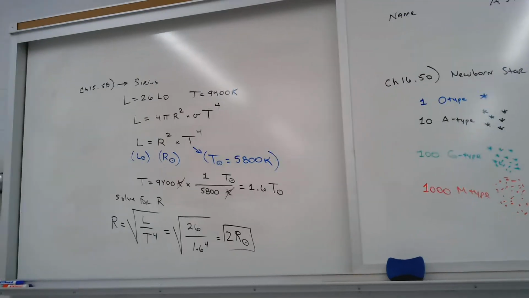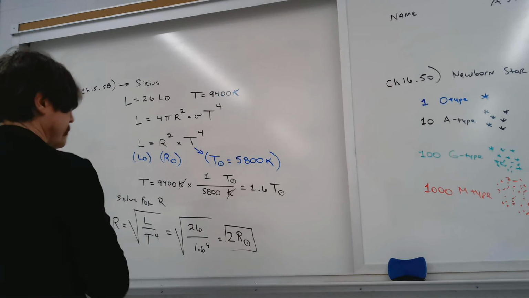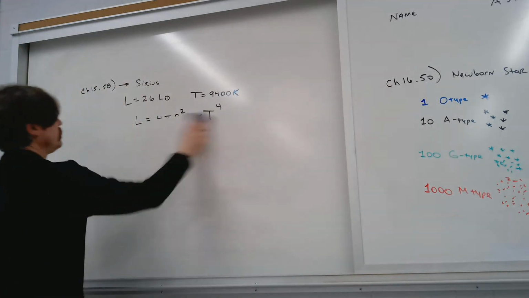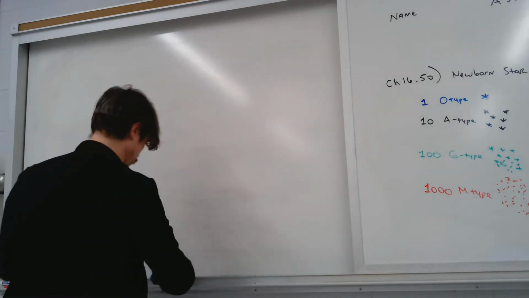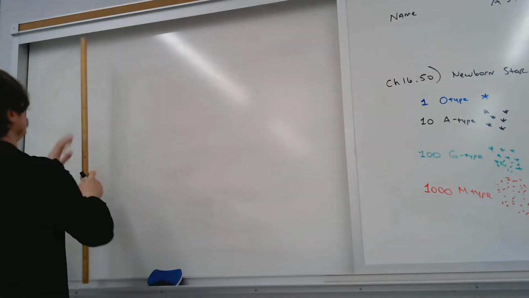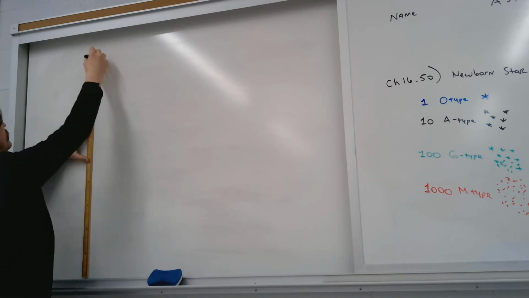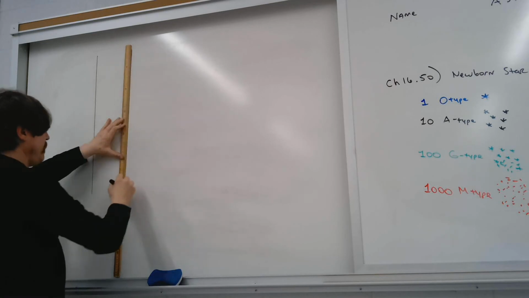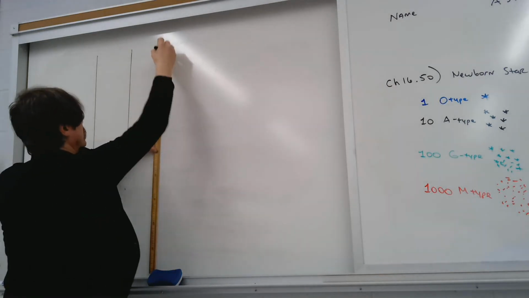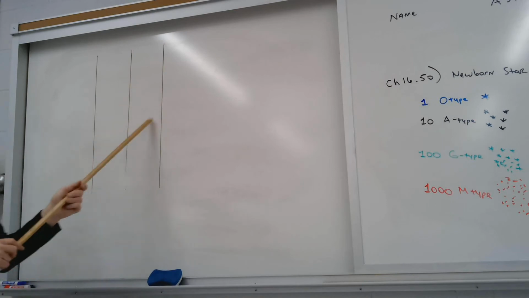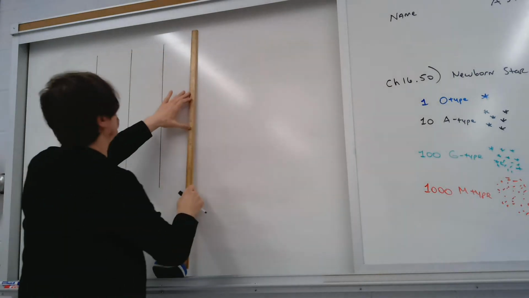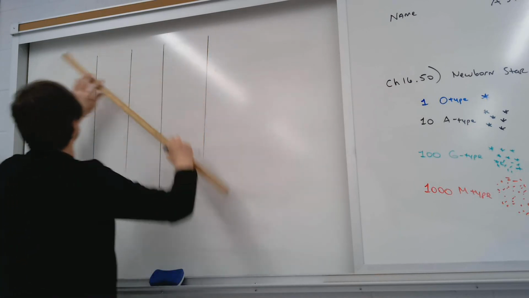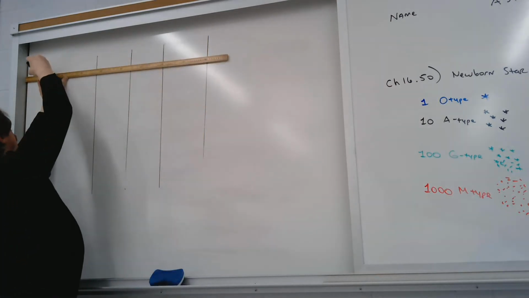So let's go over here and let's do this as a table. I'll have a column for spectral type, a column for the number, a column for the luminosity of a single star, and then a column for the total luminosity of the stars.